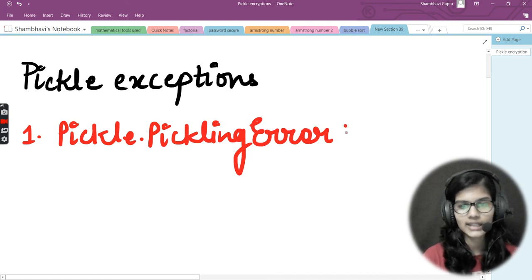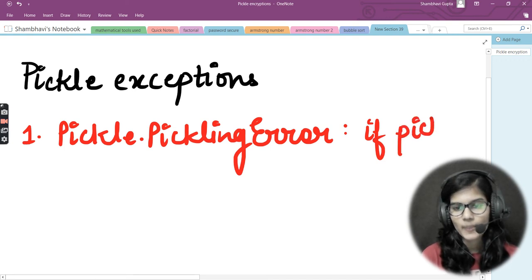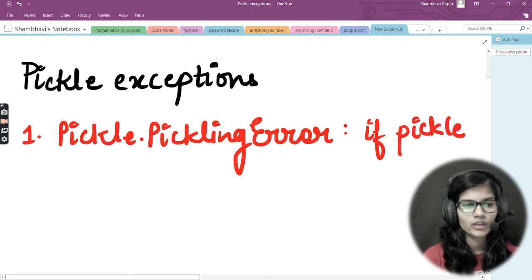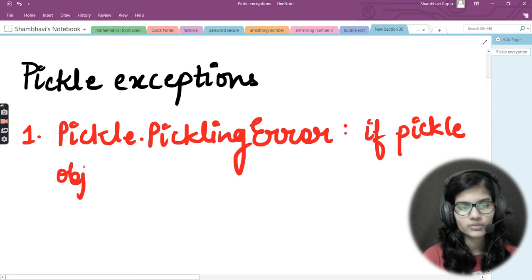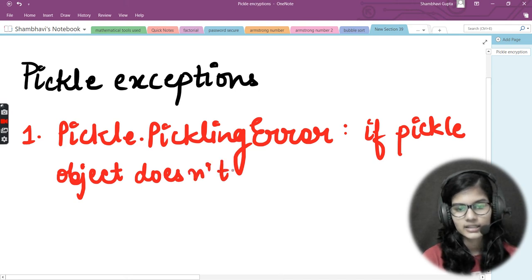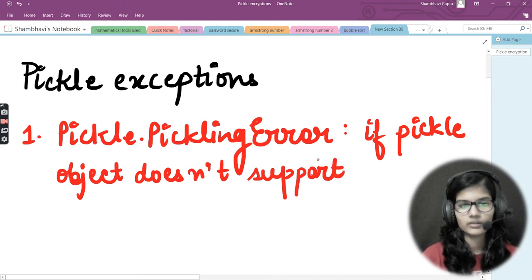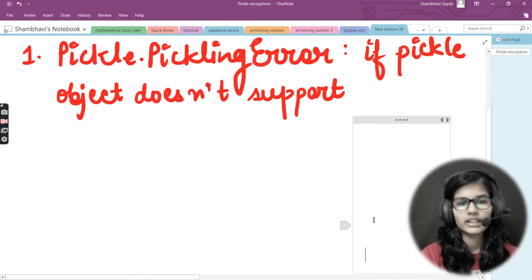So I would write that here as well: if pickle object does not support pickling.